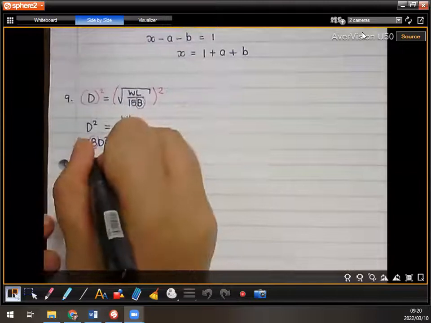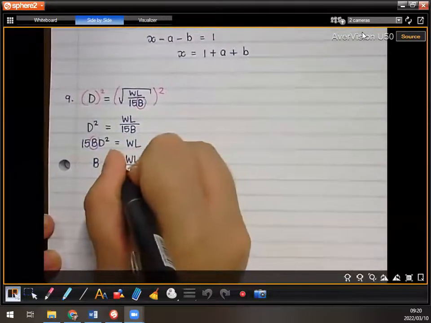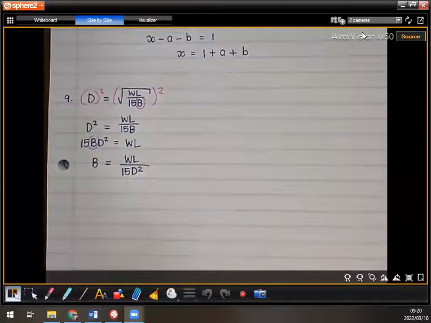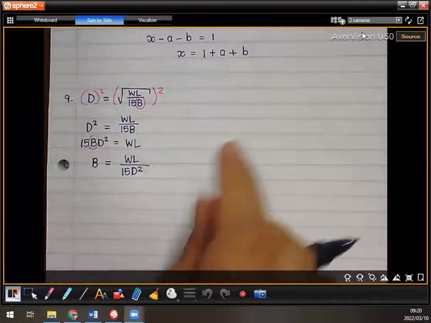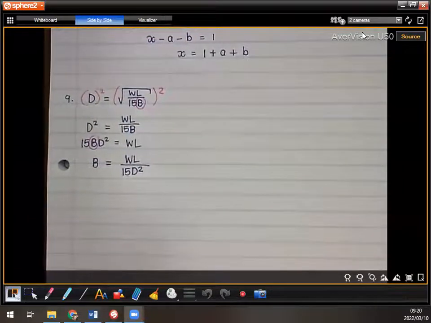So I can then just say that b is equal to WL over 15 d squared. Is that what they got at the back of the book? Right, so guys, unfortunately, if you didn't think of doing this, then you wouldn't have been able to go further, really. Any other questions on this exercise?